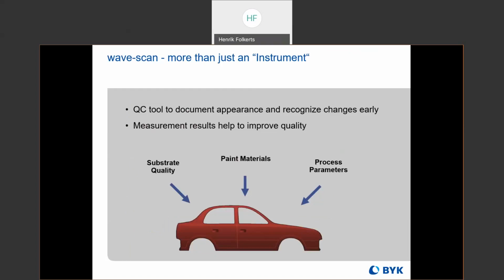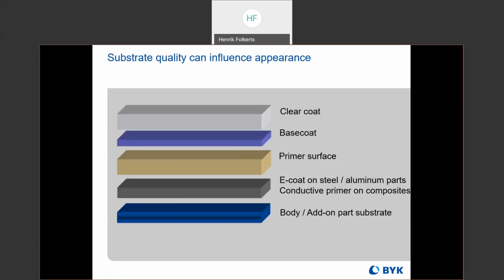The WaveScan is a QC tool to document appearance and recognize changes early. You can use it to measure substrates, and to analyze things like substrate quality and process parameters. Typically a paint system might consist of a number of different layers: E-coat, primer, base coat, clear coat.